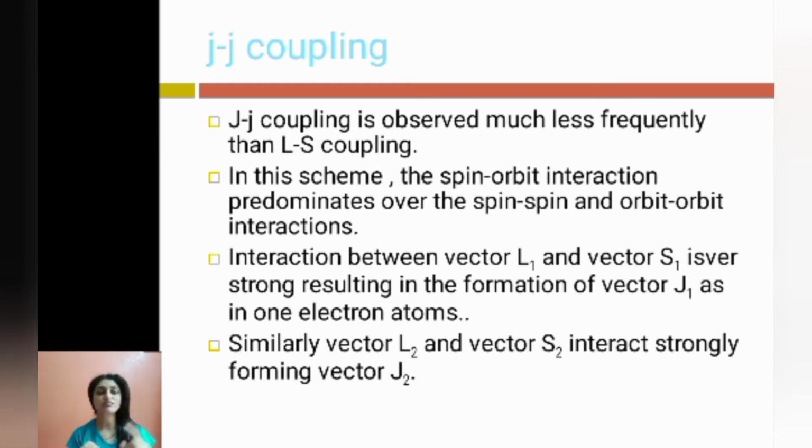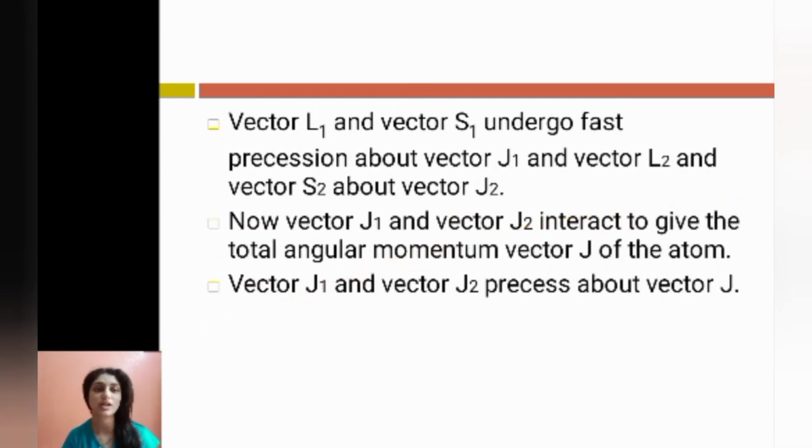So the interaction between vector L1 and vector S1 is strong, resulting in the formation of vector J1. L1 and S1 combine to form J1, L2 and S2 combine to give J2, and then J1 and J2 combine to give the resultant total angular momentum. So that is how JJ coupling works.